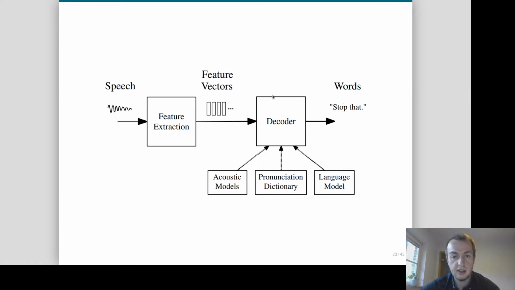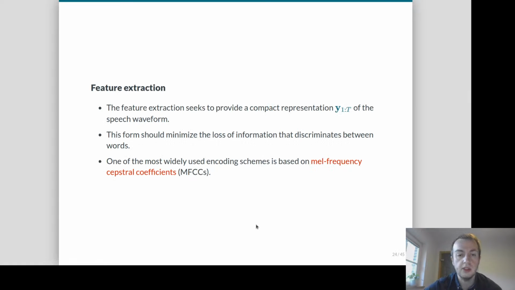So now we'll see how to implement each one of these steps. We'll start with feature extraction, and then we'll talk about the acoustic model. Feature extraction basically seeks to provide a compact representation y, a sequence of acoustic vectors, of the original waveform.